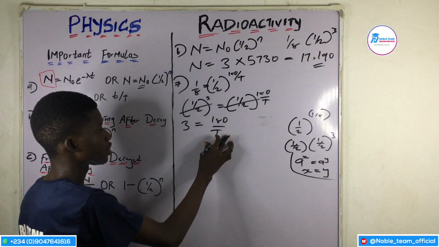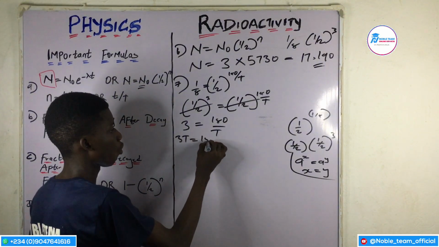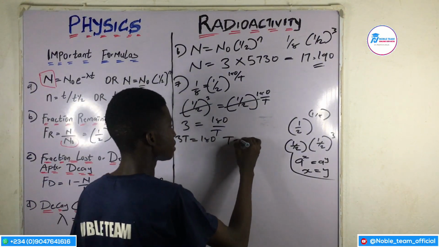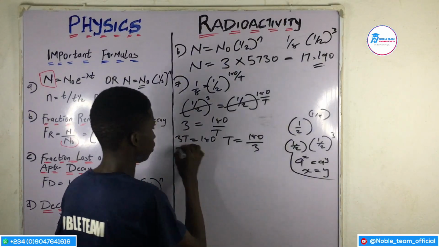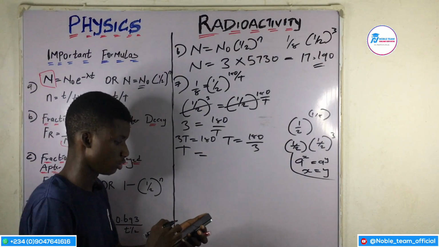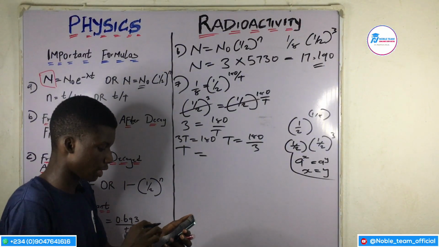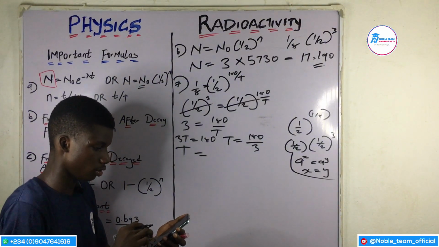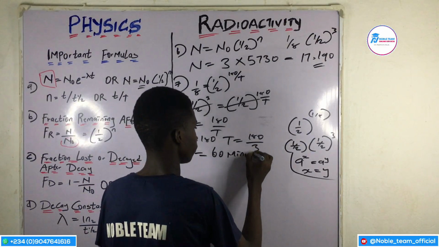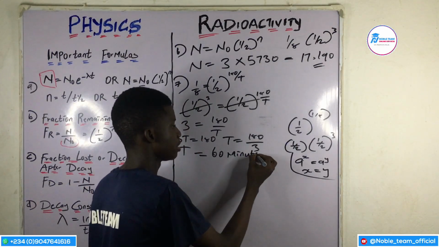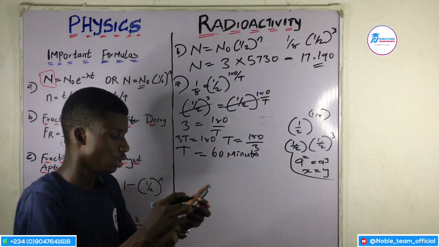Making t the subject of the formula, 3t is equal to 180, and t is equal to 180 divided by 3. So we have 60 minutes. And option A is correct.